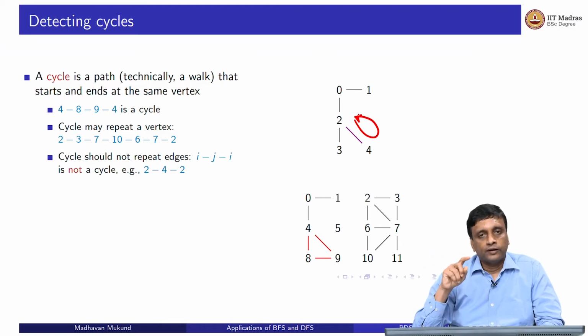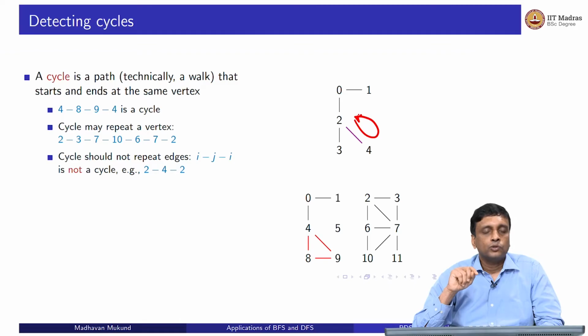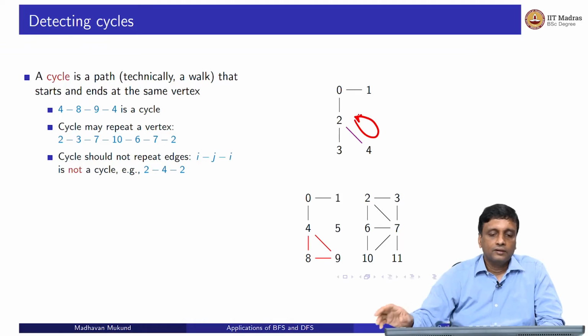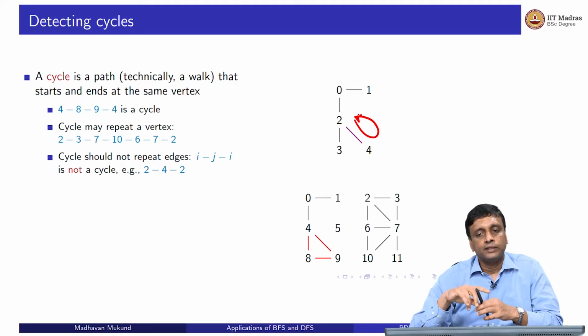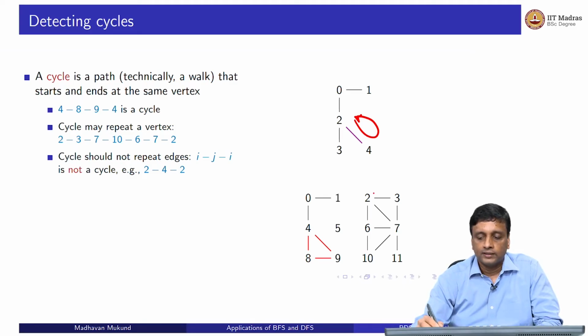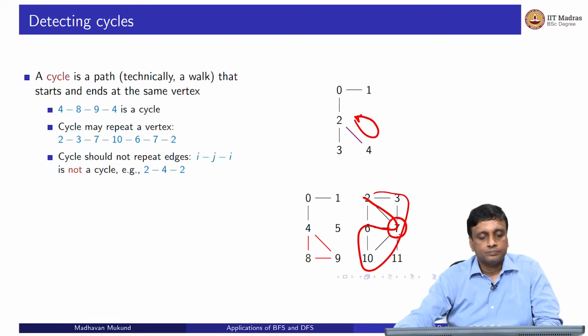So, we want to really look at non-trivial cycles which at least go around 3 vertices. So, if I go from i to j and back, that is not a cycle. So, I should never get the same edge in both directions in a cycle. Okay. I can repeat vertices, of course I will repeat the start and end, I can also repeat intermediate things, but if I just pass through like this, where I pass through this vertex twice, but I go through it through different edges.